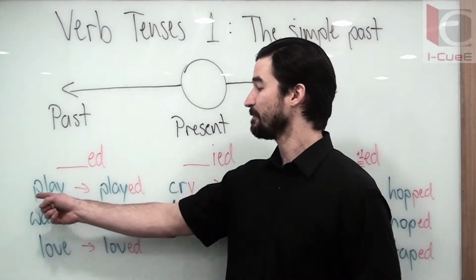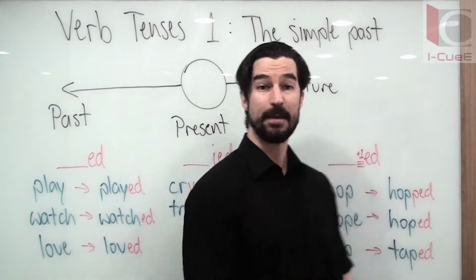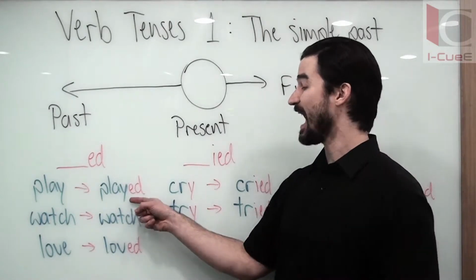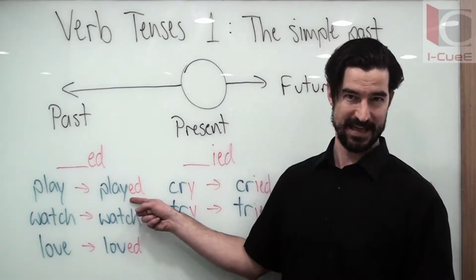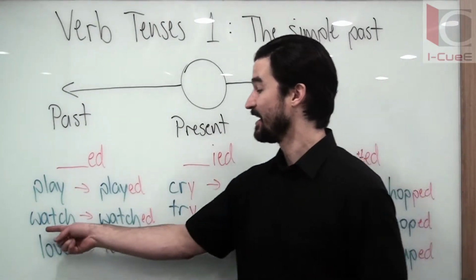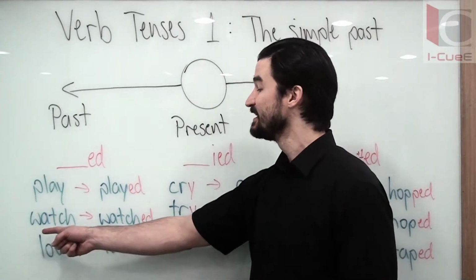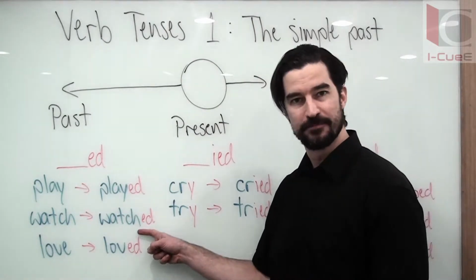So let's take the verb play. In order to say that I played a game with a friend yesterday, I just add ed to the word play. So play becomes played. I watched a movie with my family last night. So watch becomes watched.